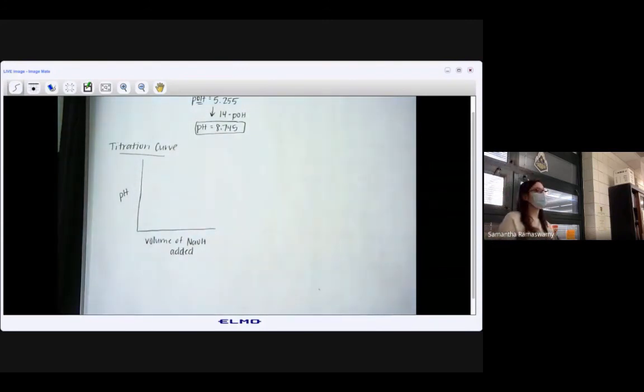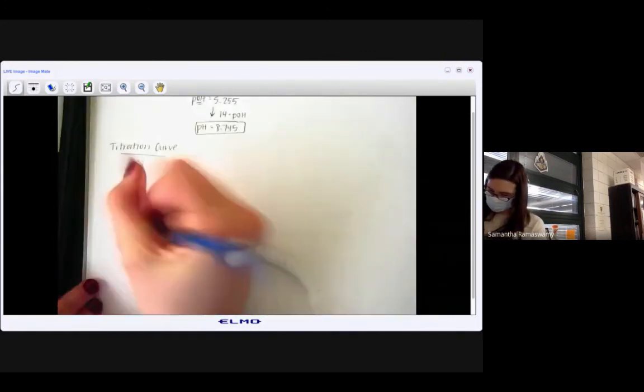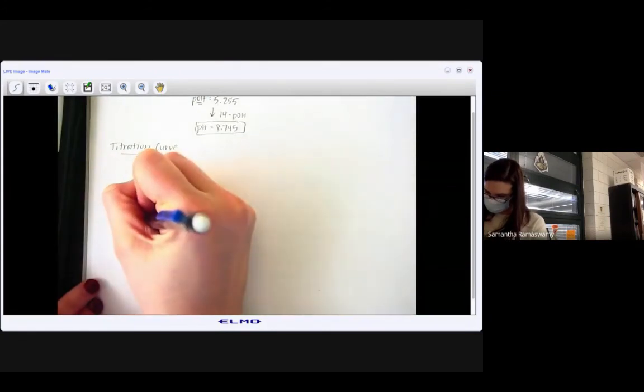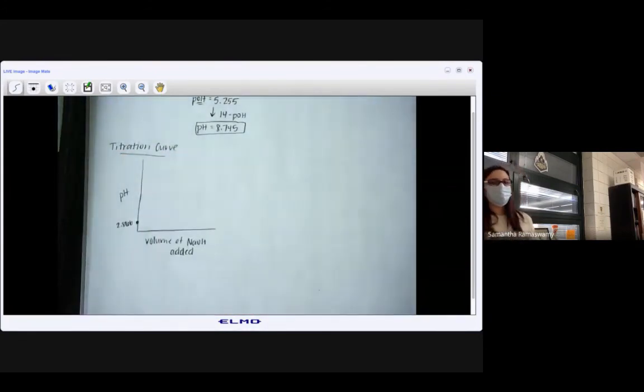So we calculated the initial pH. It was a while ago, but we calculated the initial pH. The initial pH was 2.866. That was the first thing we calculated.